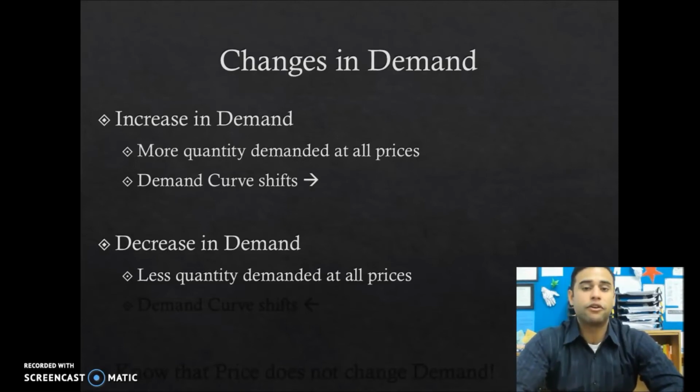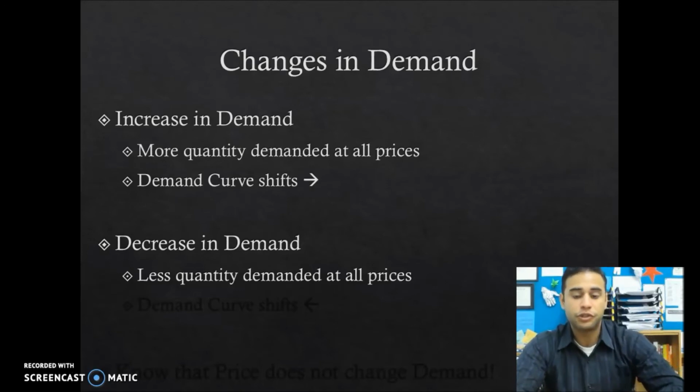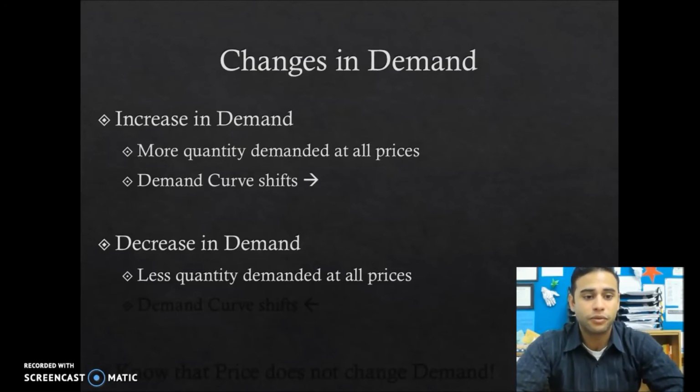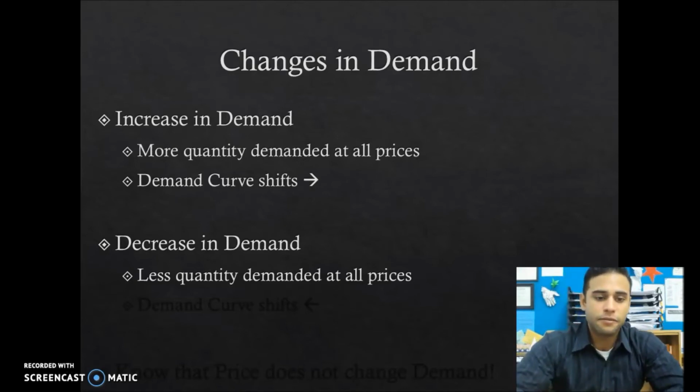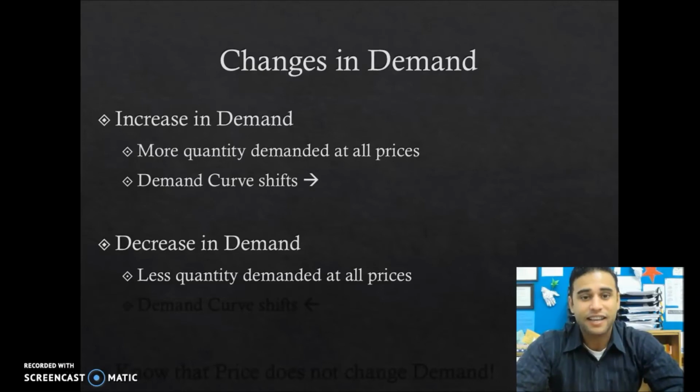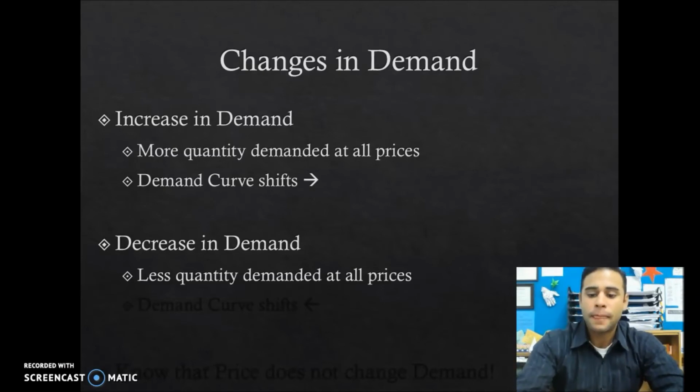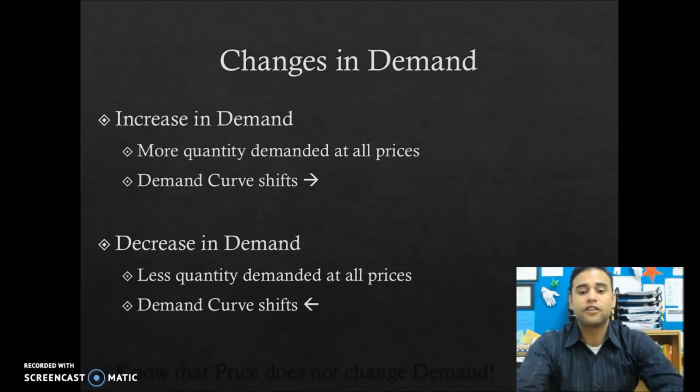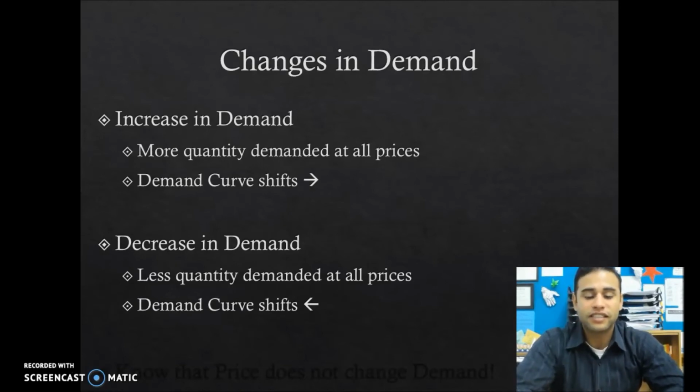And I still don't know why you would want to pay $10. Maybe you just really like the pattern so much you'd be willing to get cancer. I don't know. But what happened? Everybody's changed their opinion. People's behavior actually changed, and at every price level, there's a smaller quantity demanded. And once again, the curve shifts to the left. That's a decrease in demand.